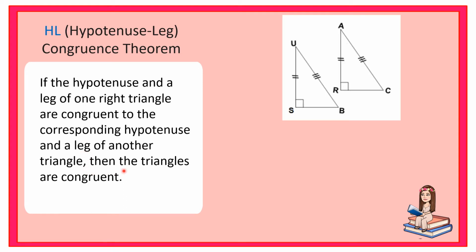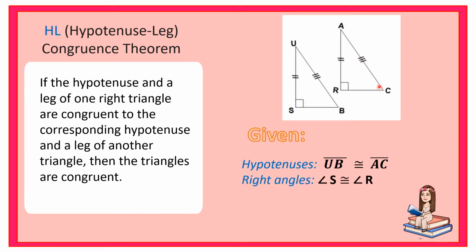So let's have this figure. So looking at this, meron tayong hypotenuse na UB, which is congruent to AC. So meron na tayong H. Then right angle natin is angle S and angle R, which makes us know na yung dalawang triangles ay right triangle. And then meron din tayong legs na US na congruent sa AR.